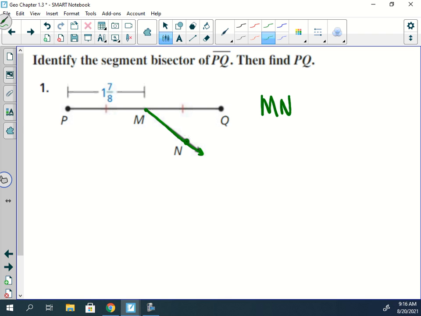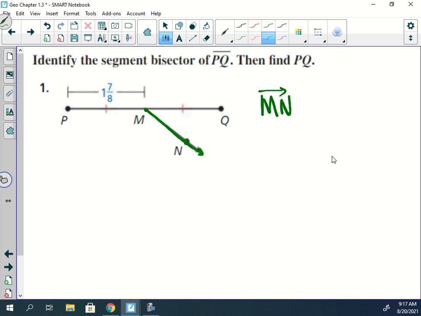And what would we draw above it? A ray starting at M and going to N. Because the segment bisector for this here is a ray, MN. It's what bisects it in half. It cuts the line in half, line segment.